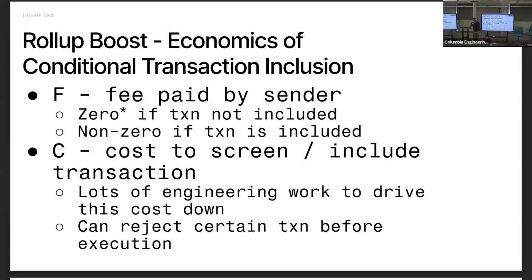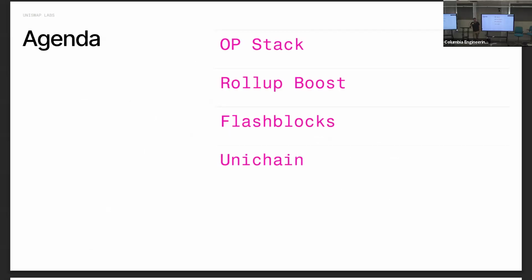So we can change this balance. I feel like economics people think of fees and costs as fixed. You look at the equilibrium, but as an engineer, I can perturb that equilibrium in my favor. Cool. That's rollup boost.